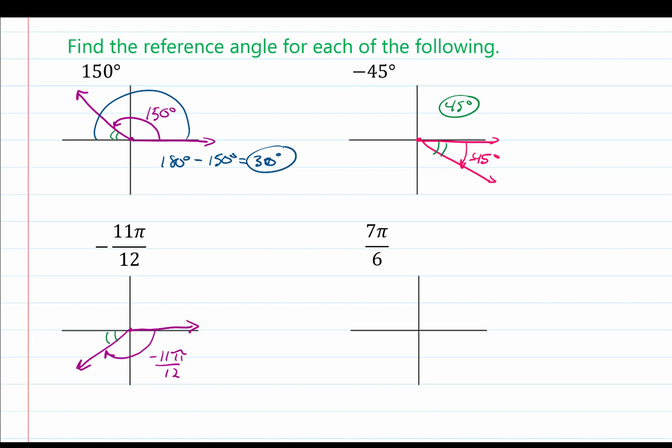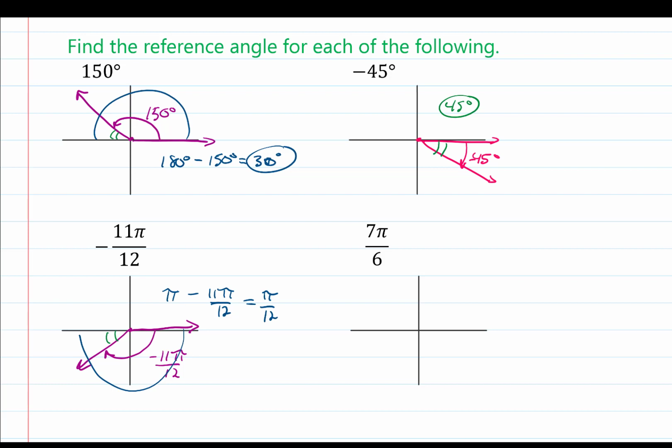Since our reference angle is not in terms of a negative angle, what we can do is take this whole angle here, ignoring rotation, which is 180 degrees or pi, and subtract from it the part we don't want, which is the 11 pi over 12. Leaving us a difference of pi over 12. So that would be your reference angle. Again, it wouldn't be negative because there is no rotation.